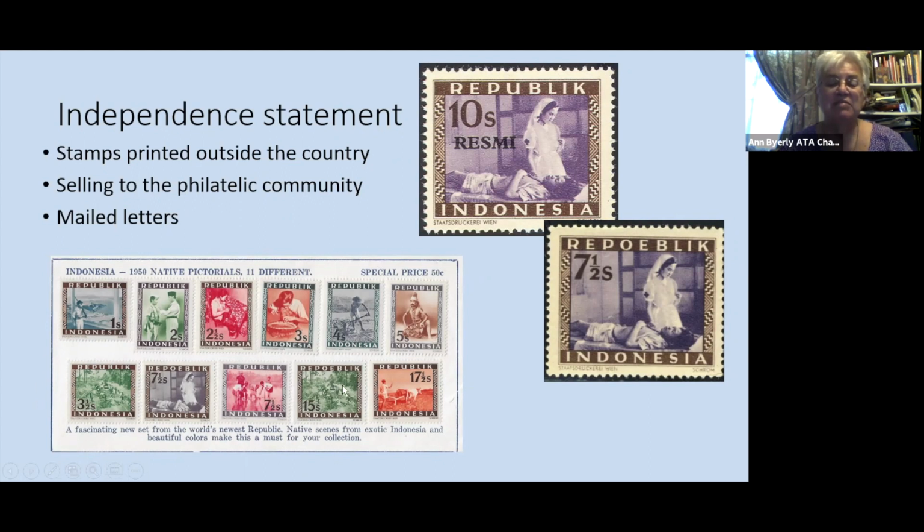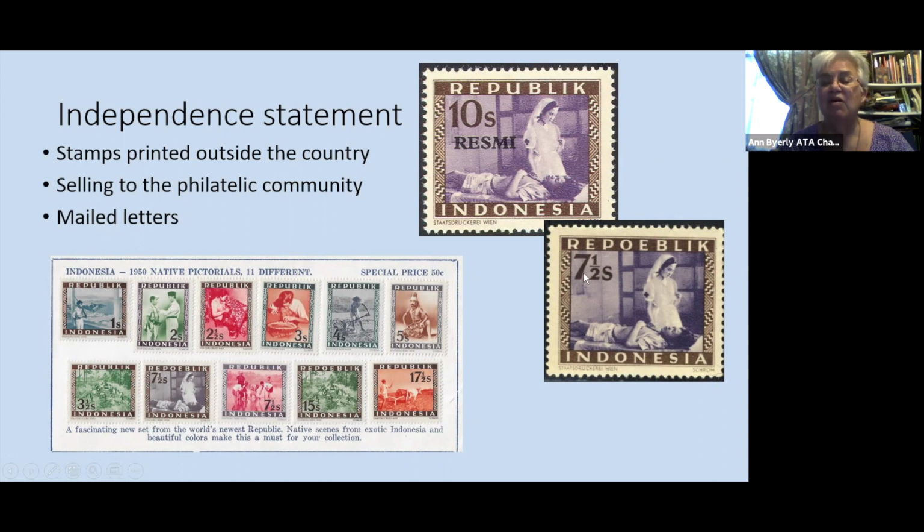And these stamps were created to give the impression that Indonesia was a country of its own. They were seeking independence from their Dutch colonizers. And so they said, but we have stamps, you can mail letters. But actually these stamps were never really used. They were really prepared for the philatelic community.